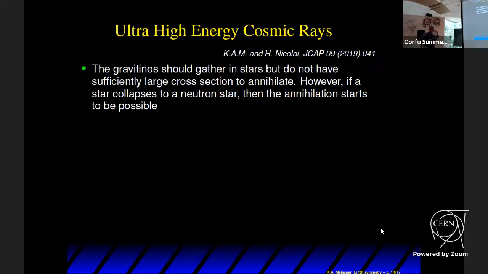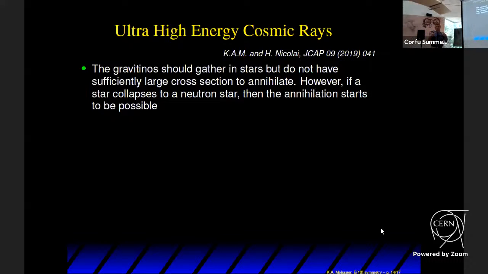Okay. So they should be very easy to see, except that they are extremely rare. It is very rare to see such an object, but they would go through the Earth, ionizing everything and not stopping because the energy is extremely huge. So what are the other options? The gravitinos should gather in stars, presumably.